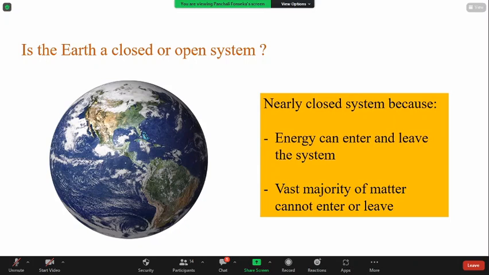So the answer is, it is considered as closed, nearly closed, because energy can enter and leave the system. For example, the Earth has temperature, so it radiates energy to the space. And on the other hand, Earth intercepts the energy radiated by the sun.